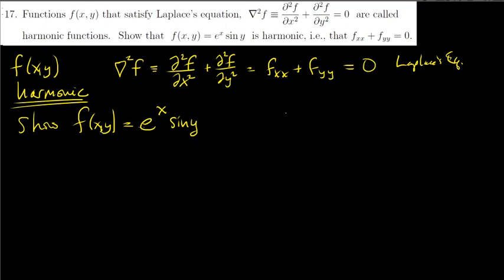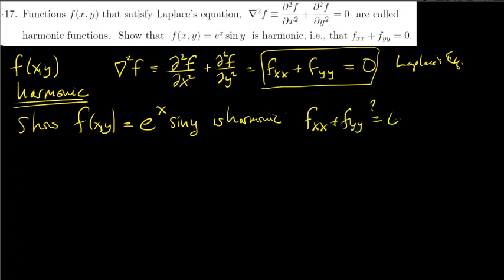In any case, we just want to show that this is harmonic. So what do we have to show? Well, we have to take the second partial derivatives and then add them up and see if they equal 0. So we have to show this equation.